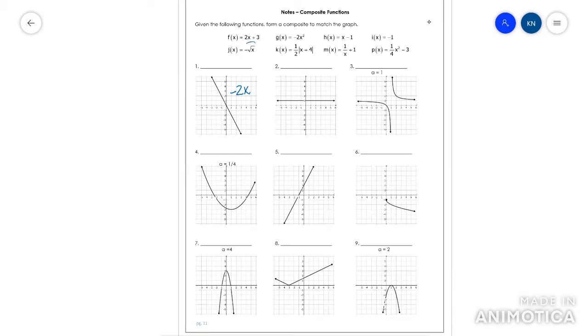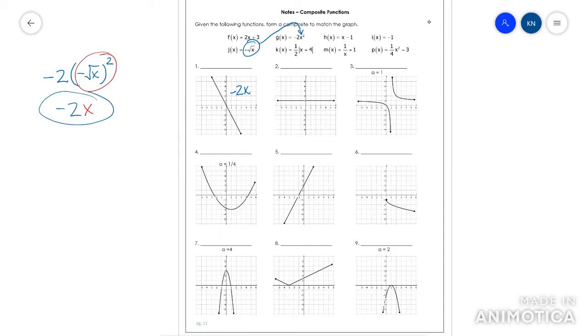Imagine if I plugged in -√x right there. So I had -2, but instead of writing the letter x, I wrote -√x, and then it was squared. If I did this inside part here, -√x squared, it's just going to become positive x, right? And I didn't mess with the -2 out in front.